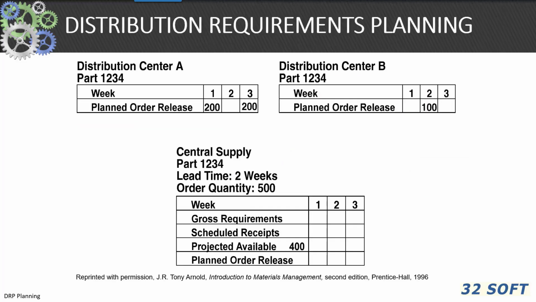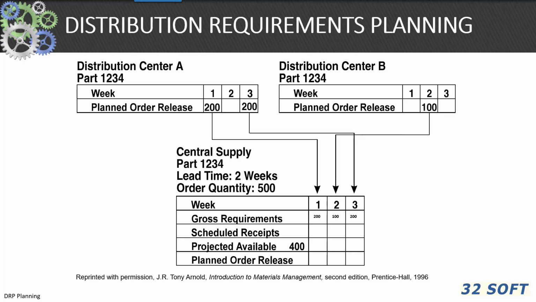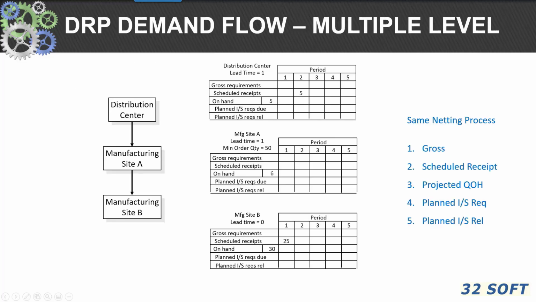If we look at DRP in the same sense, here we have distribution A and B. Here we have central supply. The 200 comes down in week 1 and 3 from A, 100 for B in period 2, and our 400 on hand. We again net to a negative, offset it through the release, it comes back in, and nets for the central supply MRP process.